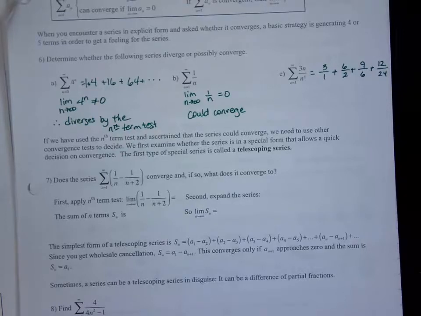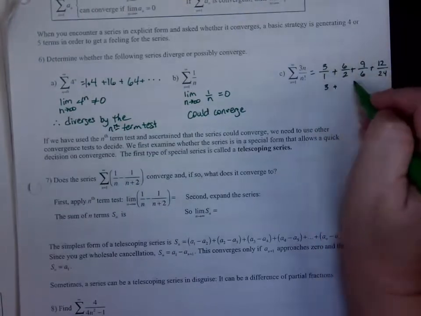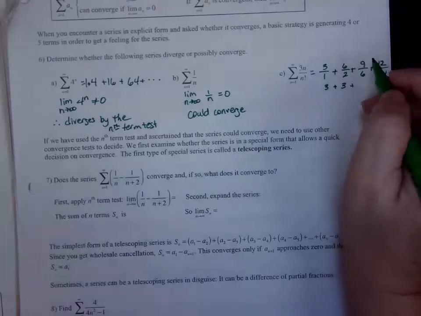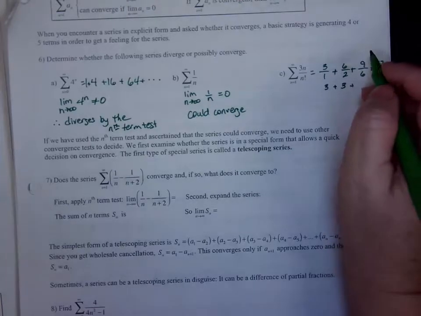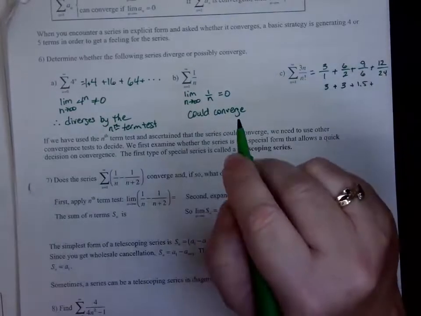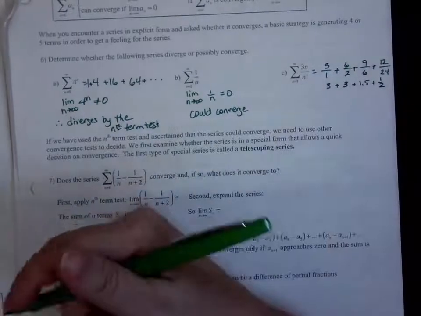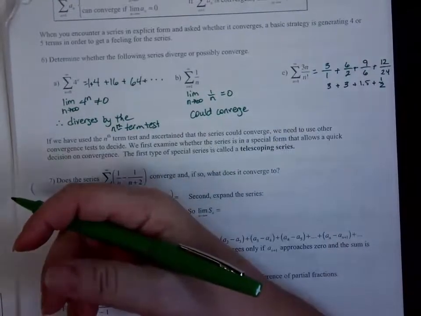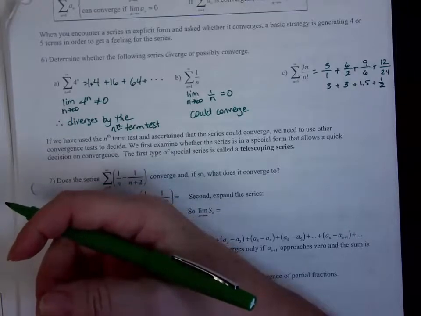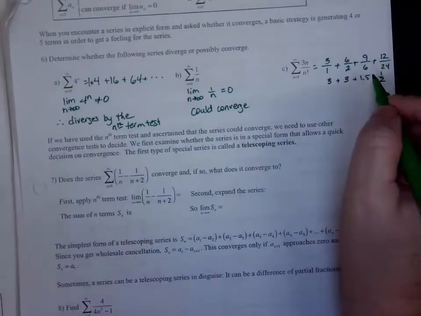Okay. Now we're going to do this one a little more implicitly. So let's simplify each of these and see what's going on. 3 over 1 is 3. 6 over 2 is 3. What is 9 over 6? 3 halves, which is 1.5. And what's 12 over 24? 1 half. Do you believe these fractions are getting closer to 0? Yes. Will they ever go negative? No. So, this one is approaching 0.